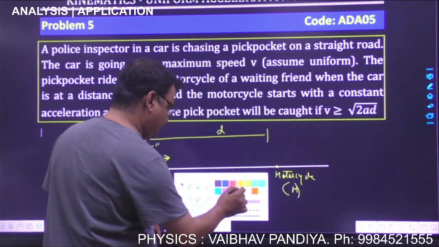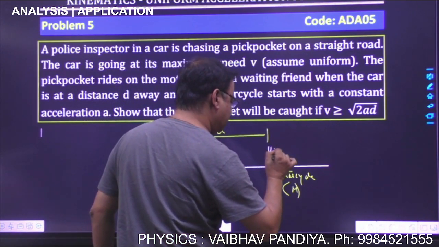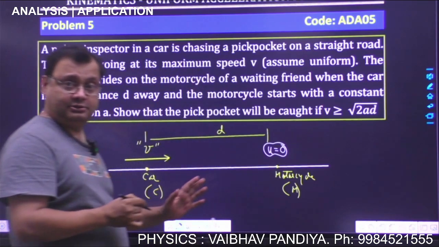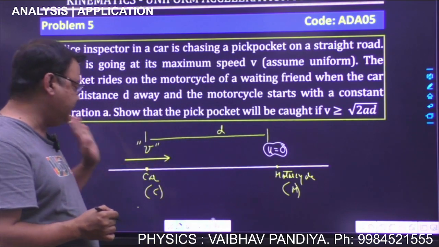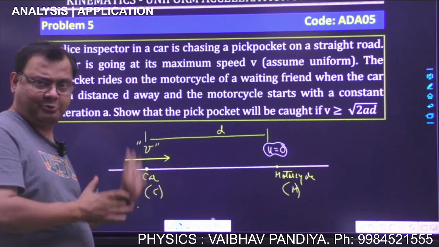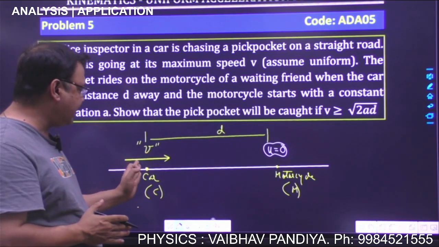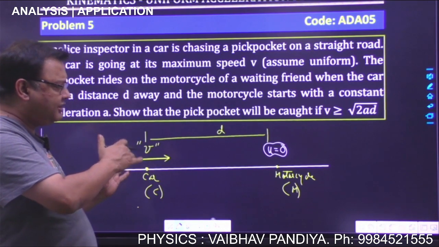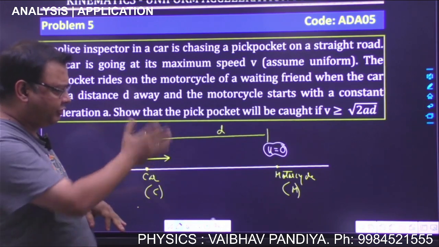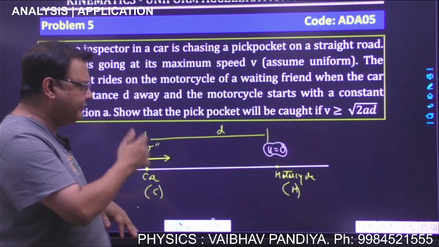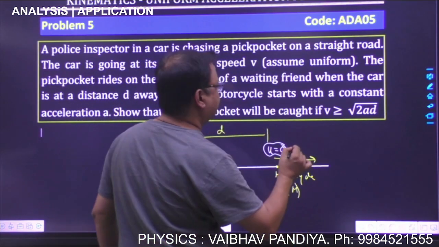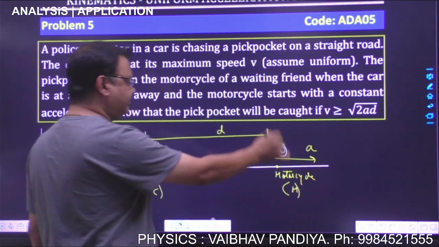Initially the motorcycle was at rest, and when the car was at a distance of d, the police car was chasing the pickpocket, and the pickpocket just went to the motorcycle of his friend, who was waiting with the motorcycle, and they went away with an acceleration of how much? a. Okay, so this is the scenario.